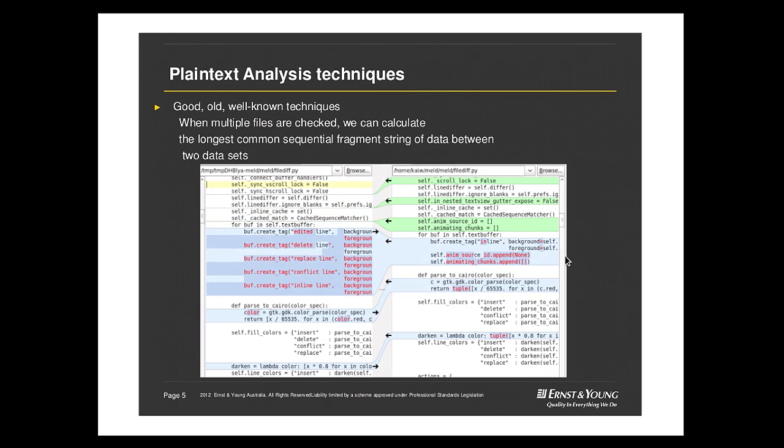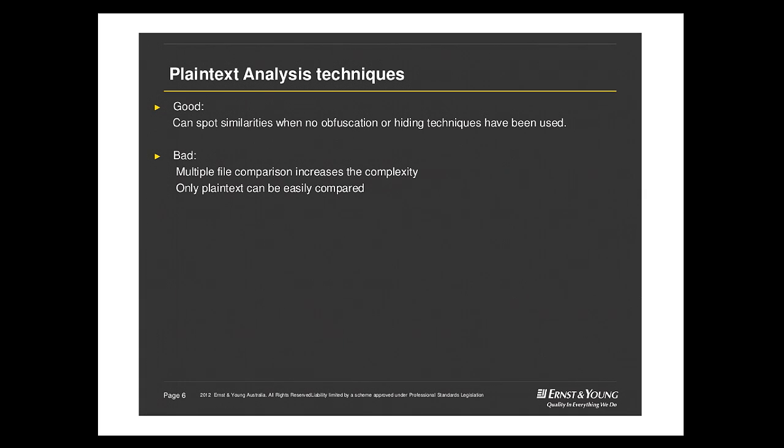When dealing with slightly more complex scenarios, very big files, you can find programs like diff that will especially highlight which are the differences between one line or the other. So the good thing, these are very well-known techniques, and they can spot that someone stole your source code very easily if no one's trying to hide.